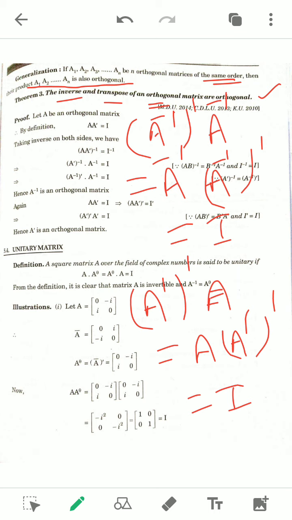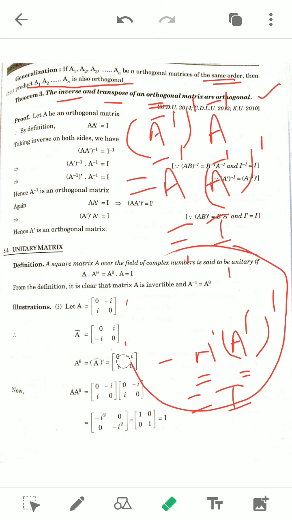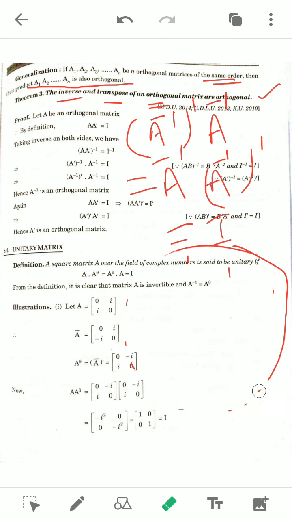If we talk about this part, it is just by the definition, because A transpose is A transpose and so we get A transpose A. So it is just by the definition. And if we have to prove A inverse is also orthogonal, we prove this part from this.